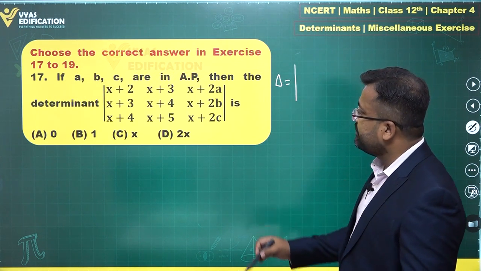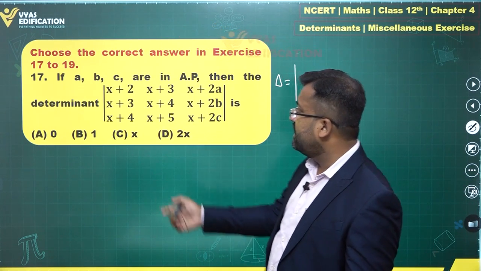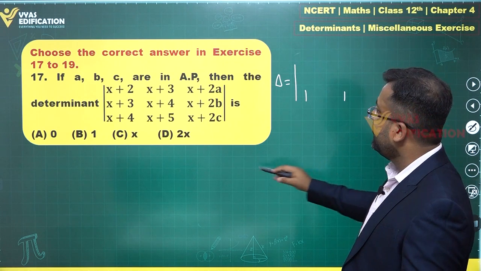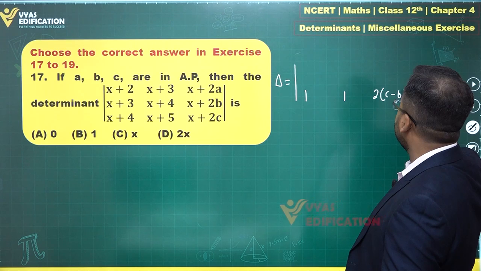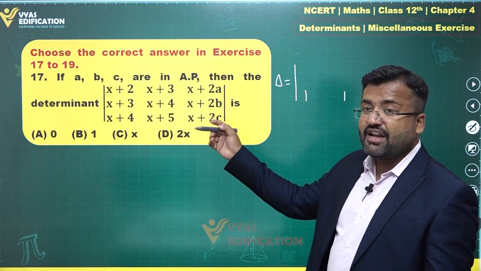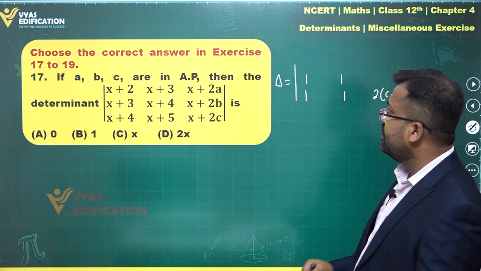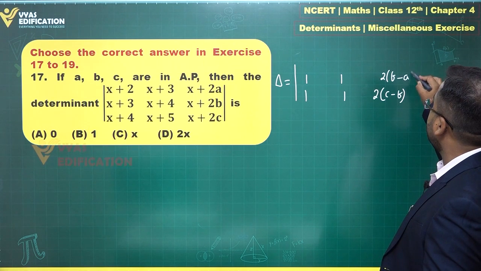What I can do is subtract R3 minus R2. Yes, 4 minus 3 will become 1. 5 minus 4 will also become 1. And this is 2C minus 2B, which becomes 2 times C minus B. What else? 3 minus 2, again I create a 1 and a 1 over here. I can subtract them and create a 0 as well, right? So this becomes 2B minus 2A, 2 times B minus A.